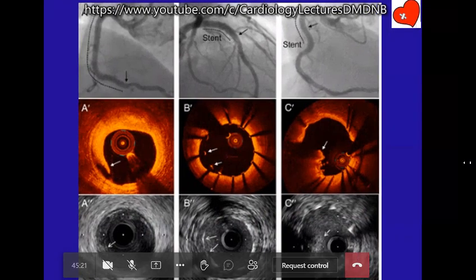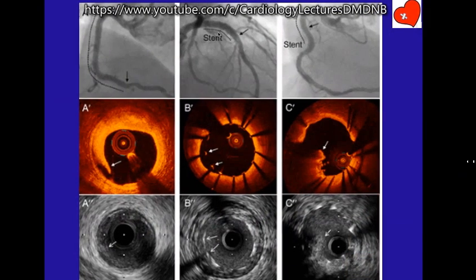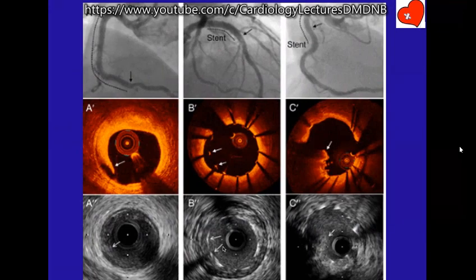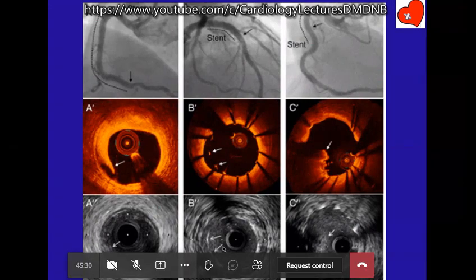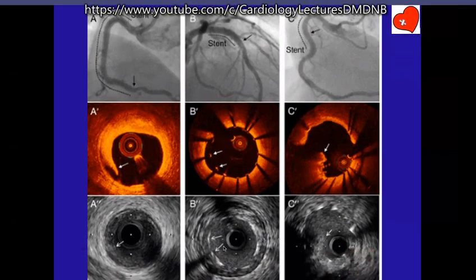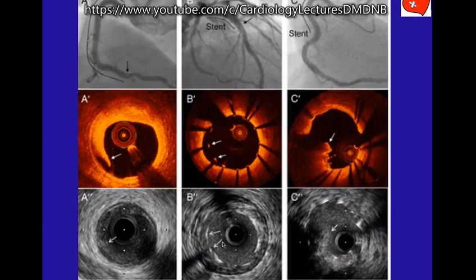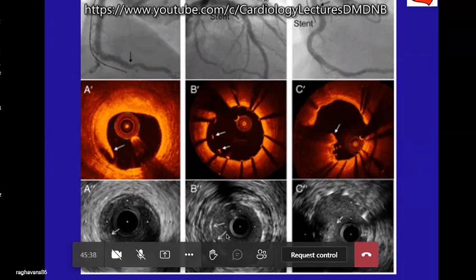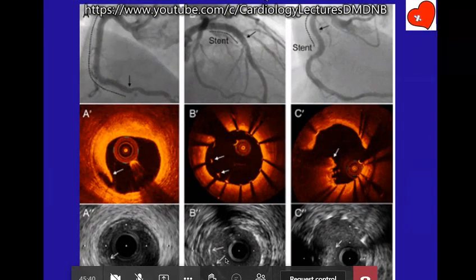Okay, sir. Okay. So number 2, B. Who would like to take this? B is post stenting. The OCT shows a post stenting segment of coronary artery, sir. Okay.